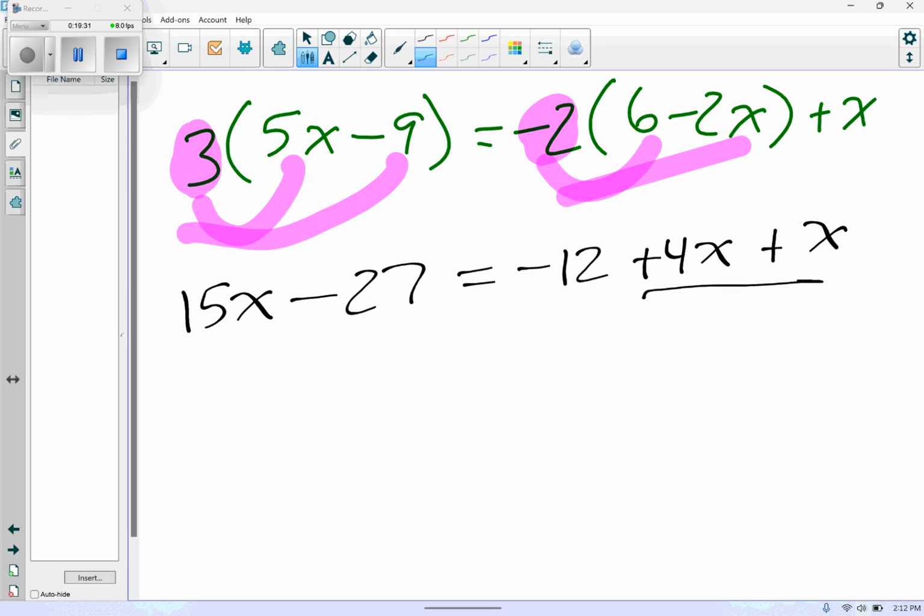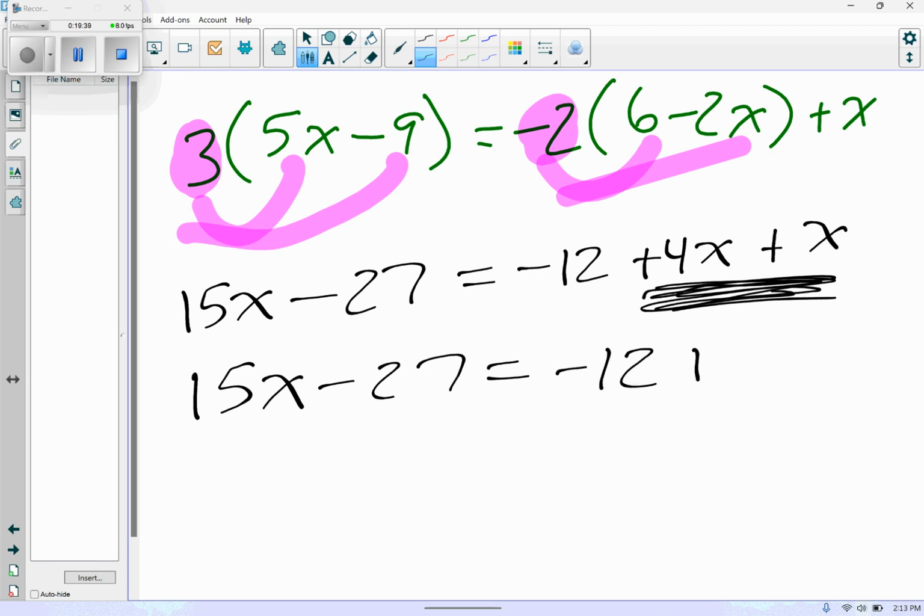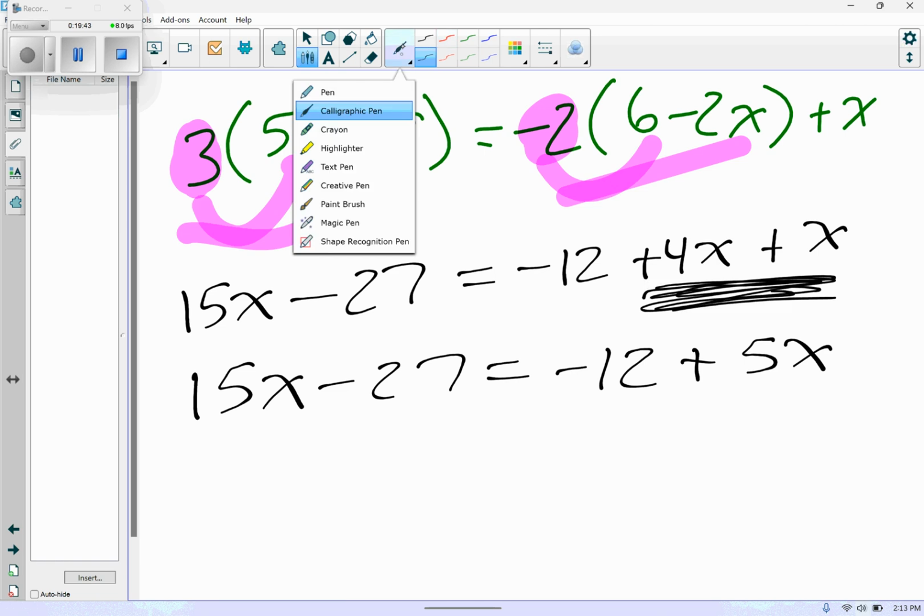What should I do over on this side? Add the x's. Very good. And subtract them, right?